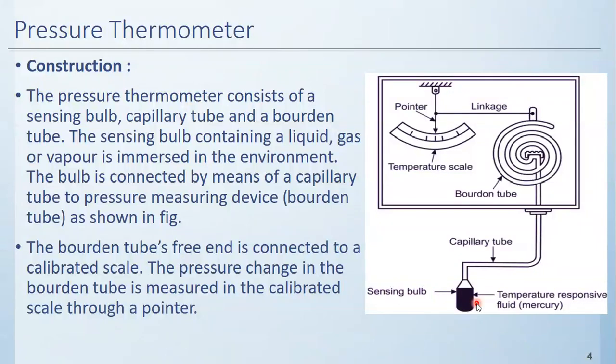This is connected to the Bourdon tube, which makes a displacement change at the free end. So this is the free end of your Bourdon tube. Here we will have a displacement, and this displacement is converted to a linear one and amplified using proper linkages, and it is presented using a pointer and temperature scale.